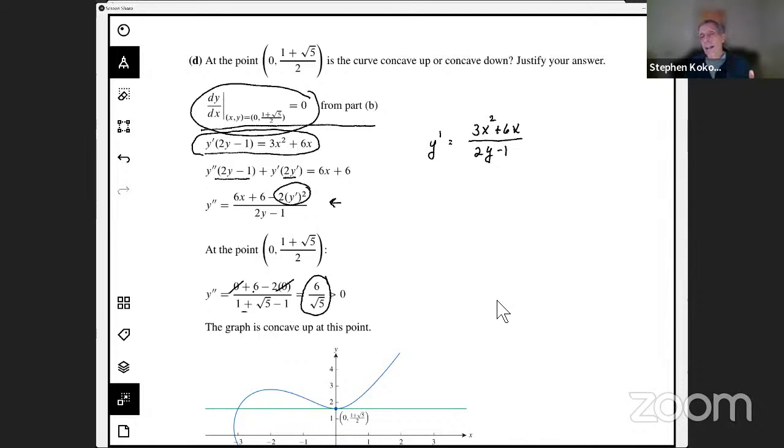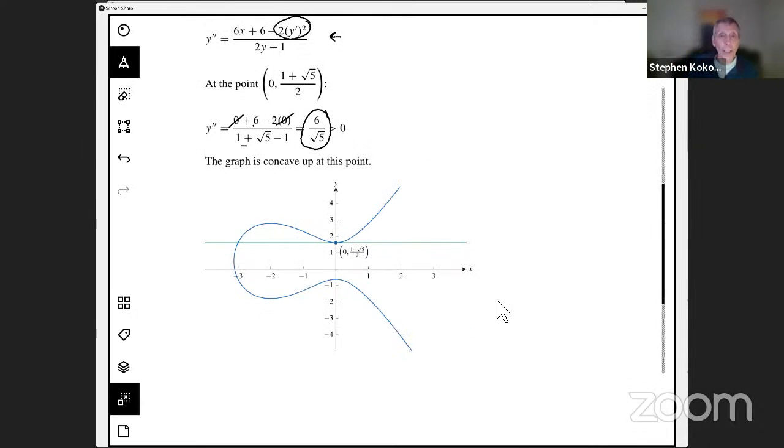Remember that concavity, as we've talked about before, is defined at a specific point, not an interval. So the graph is concave up at that point. I'm going to go back to my picture. There's the point that we had found before, and yep, it sure looks like the graph is concave up at that point.